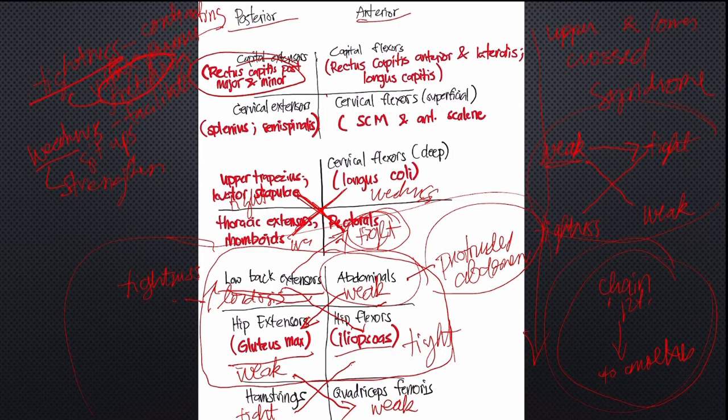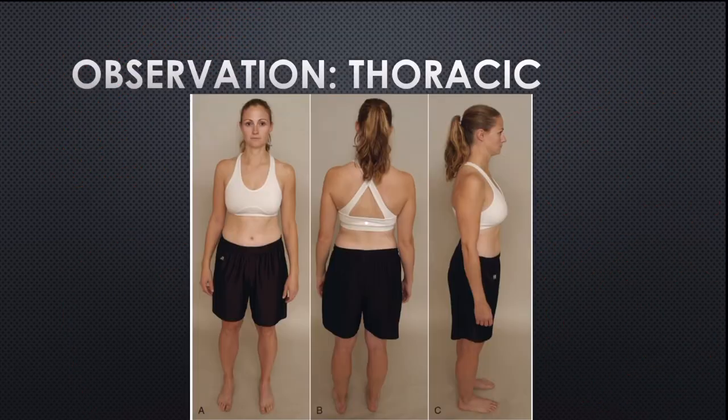Okay, I hope you got the concept of upper and lower cross syndrome. Now, observation: let's go further down the spine. Earlier we had the cervical spine, now for the thoracic. Since they are interconnected to one another, there could also be problems.